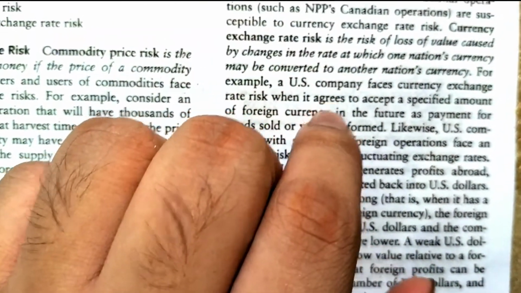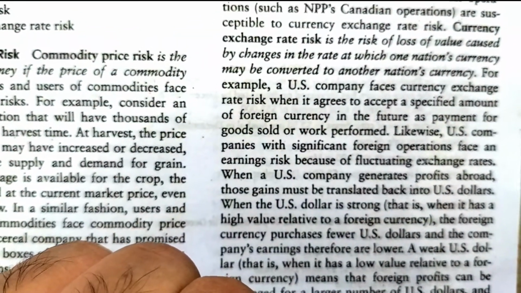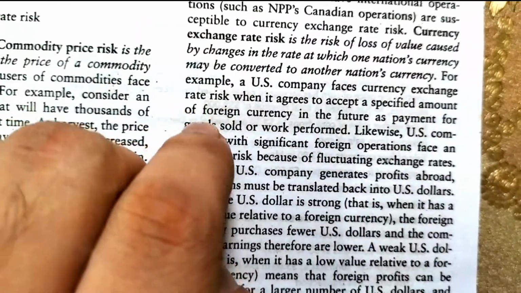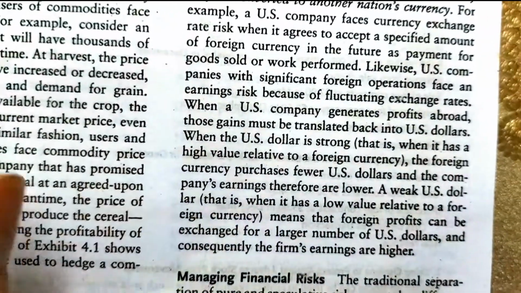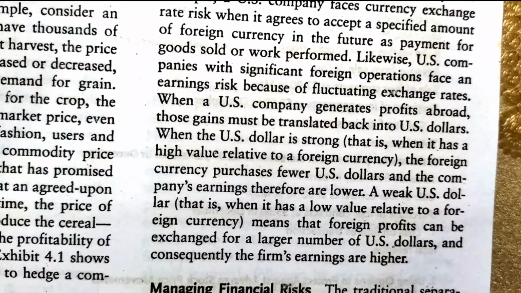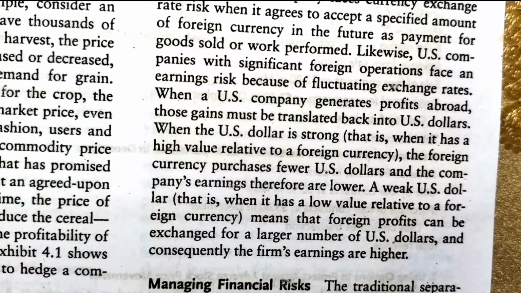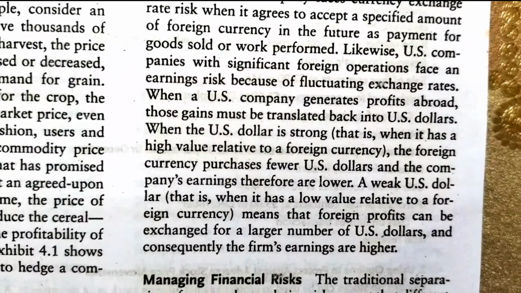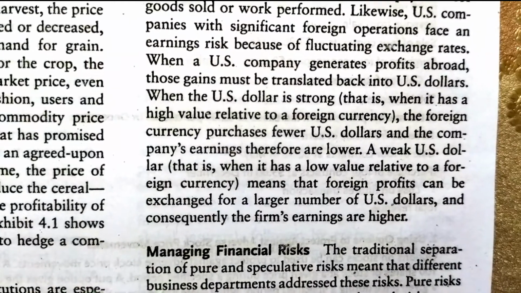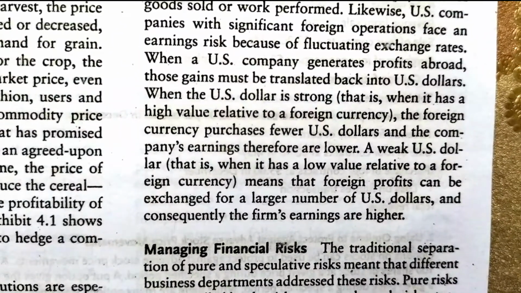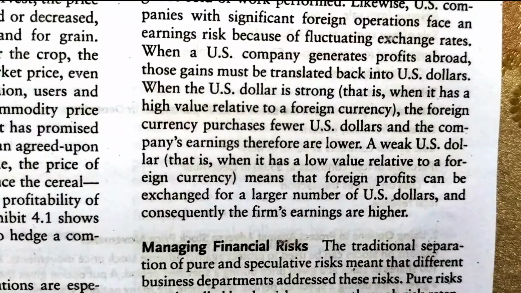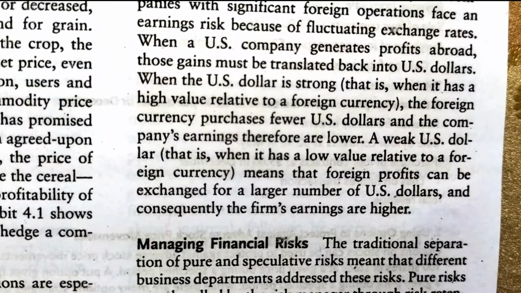For example, a US company faces currency exchange rate risk when it agrees to accept a specified amount of foreign currency in the future as payment for goods sold or work performed. Likewise, US companies with significant foreign operations face an earnings risk because of fluctuating exchange rates. When a US company generates profit abroad, those gains must be translated back into US dollars.